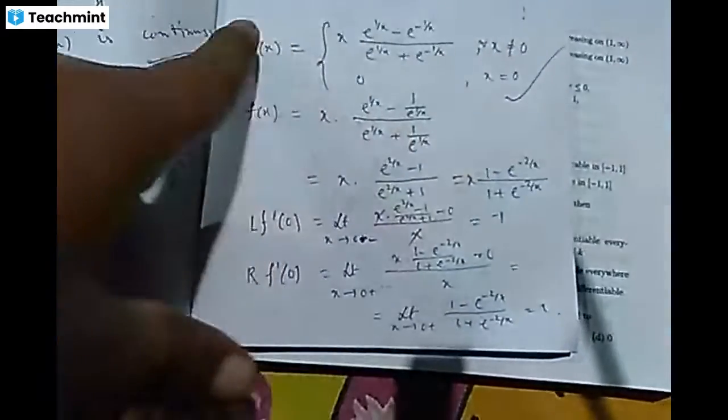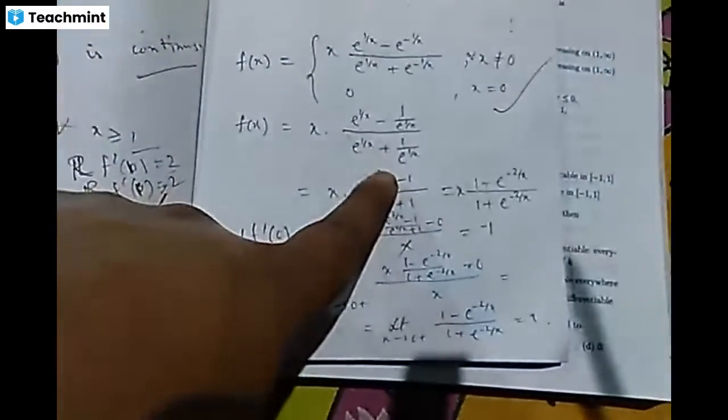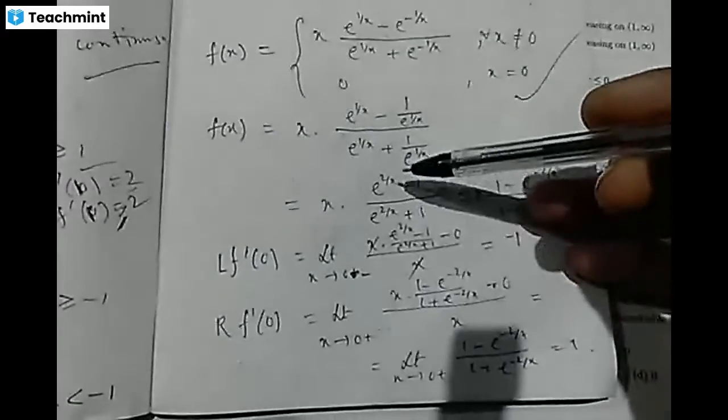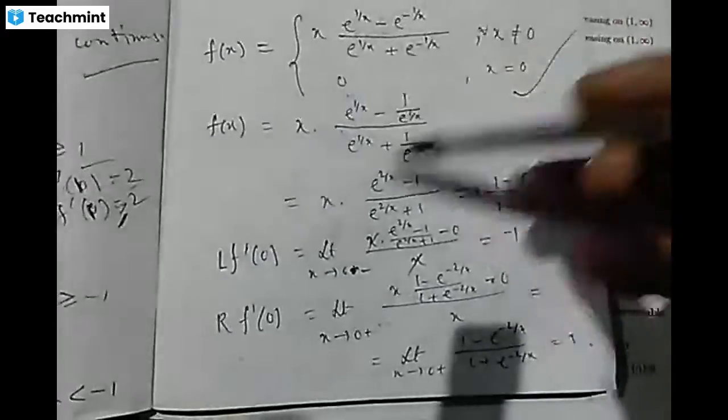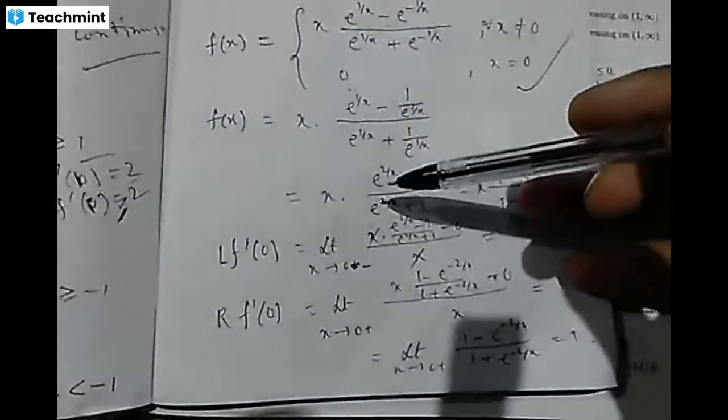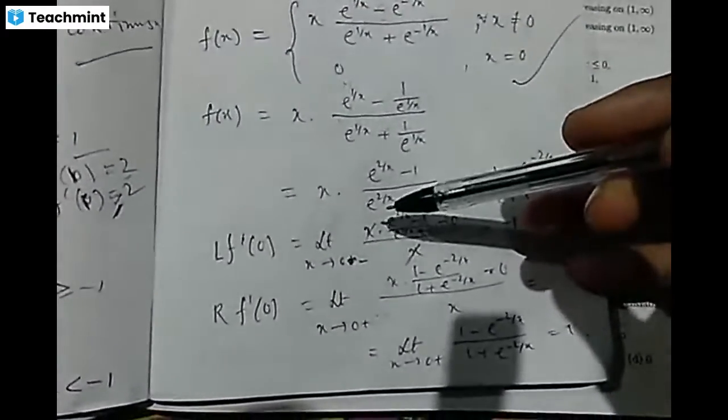If it is continuous, then we can check whether it is differentiable or not. I have written it in two forms. Here x e^(1/x) can be written as x (e^(2/x) - 1) / (e^(2/x) + 1).